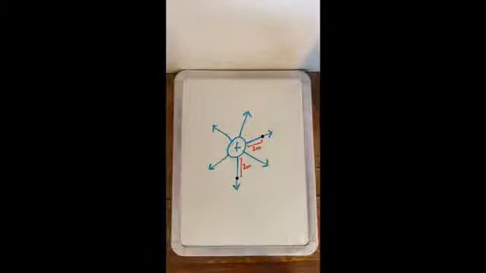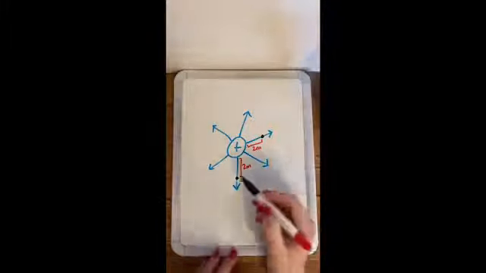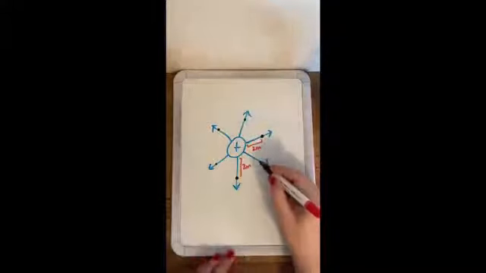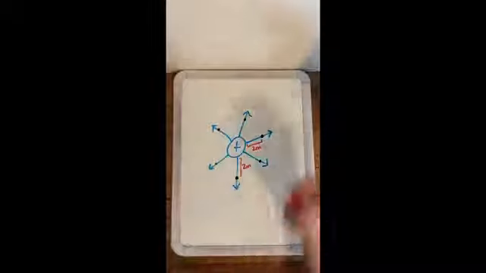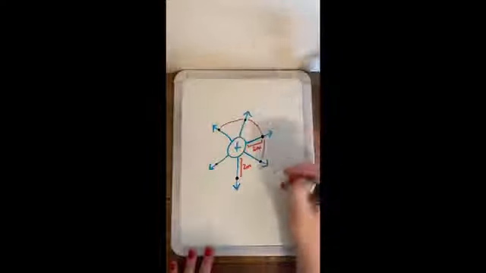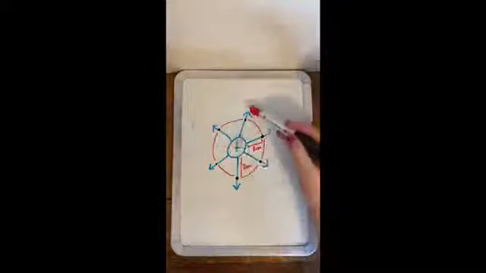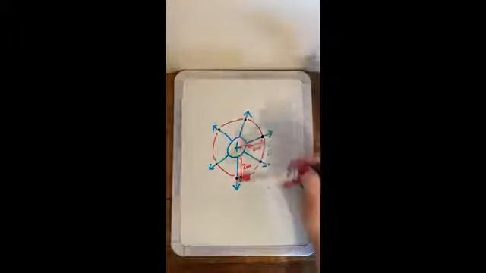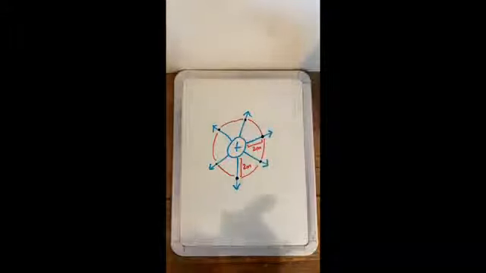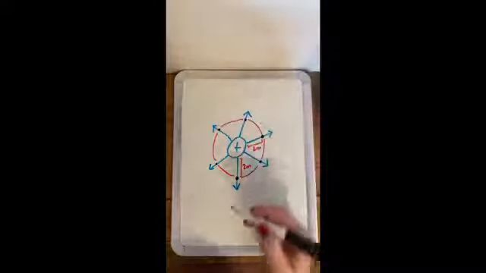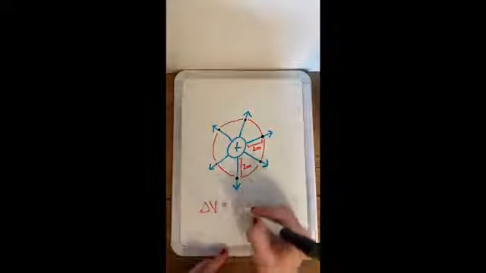Now to draw in the equipotential lines. We can draw points on all of these electric fields 2 meters away. And now, connect the points. We have now a perpendicular line to these electric fields, and along this field, we have no change in voltage.